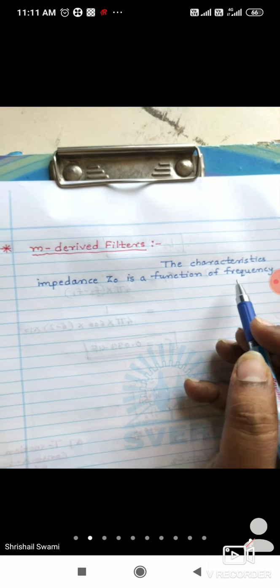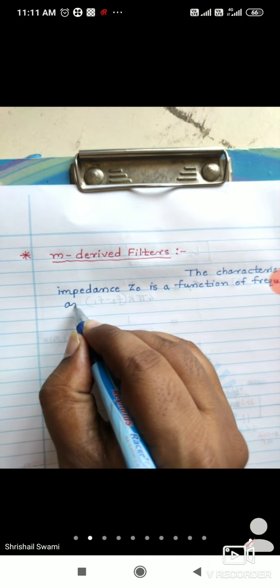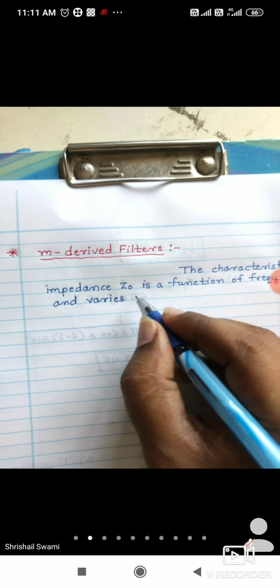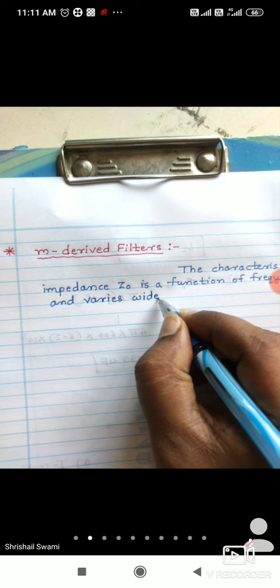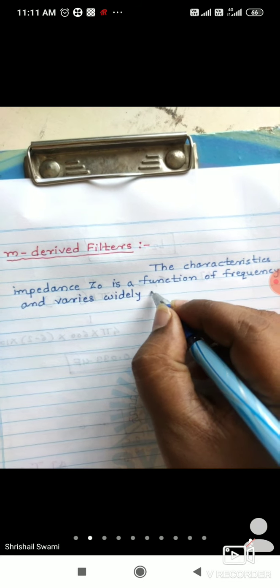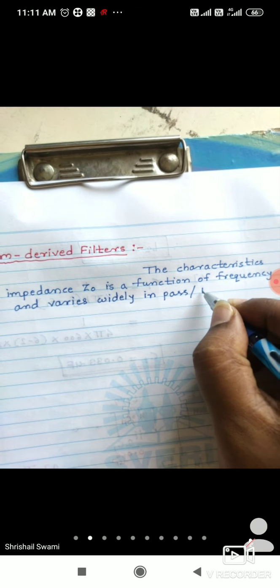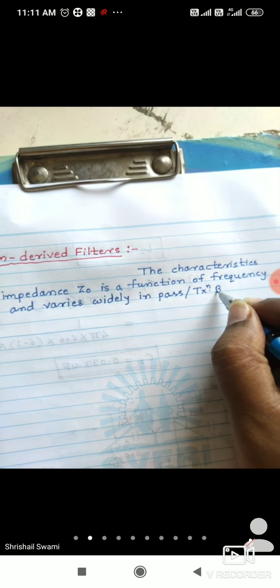So it is a function of frequency, and it varies widely in the transmission band, that is the pass band.